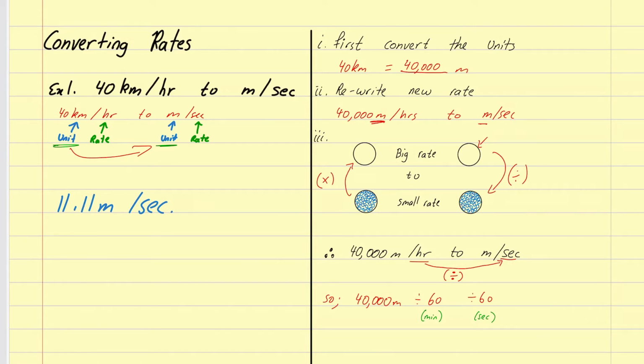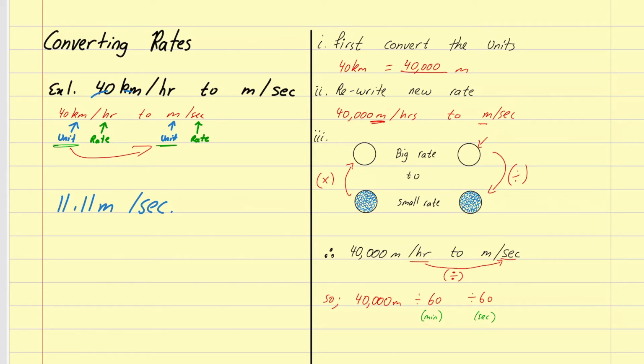Okay, so just a quick recap. Number 1, whenever you want to convert any type of rate, no matter what it is, first convert the units. That'll always be the first thing that comes up in the question. In this case, it was 40 kilometers, and we had to convert that to meters. So first convert the units, whether you need to divide or times, whatever the case may be.